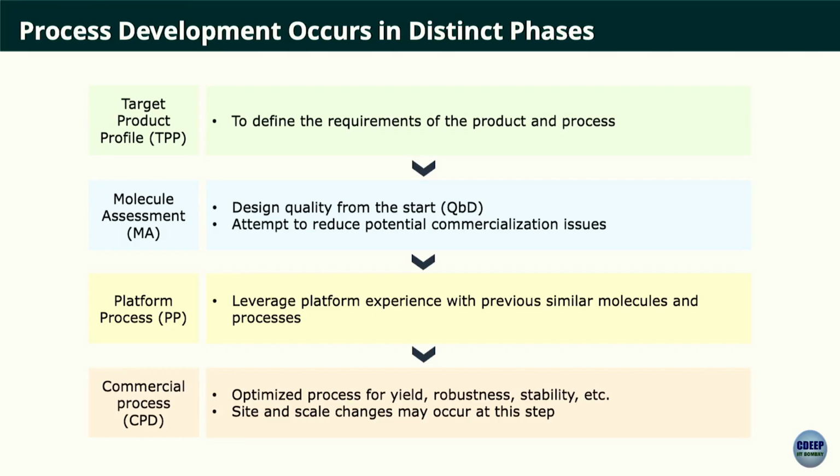Because you are scaling it up, investment should not be that much, but product should be higher. So optimize the process for high yield, robustness, stability, and then it can be commercialized.